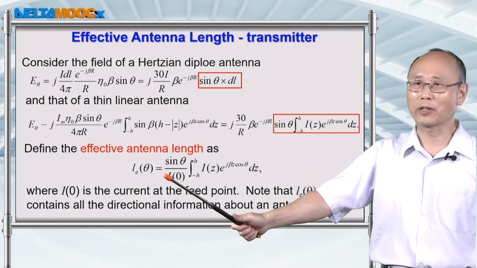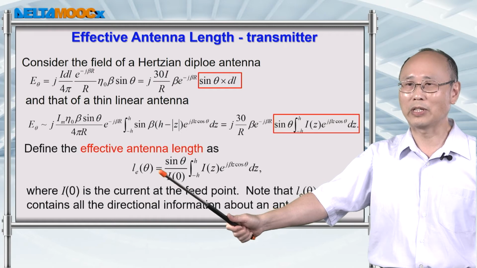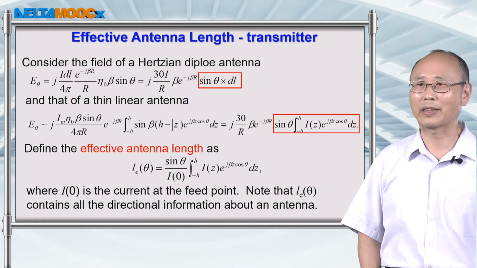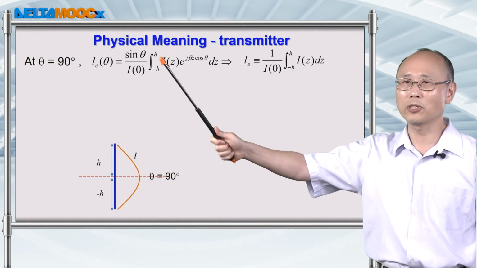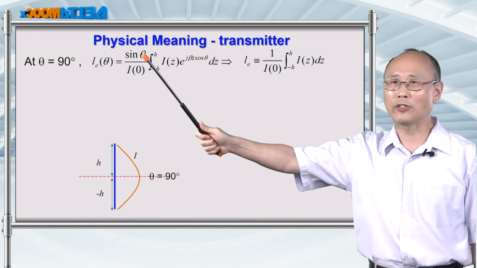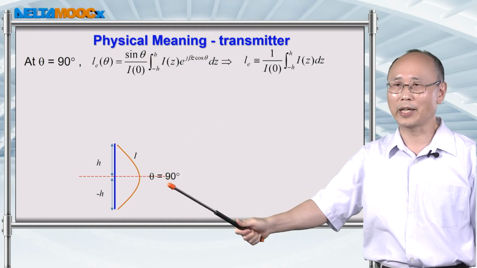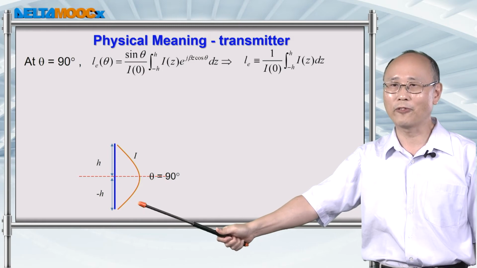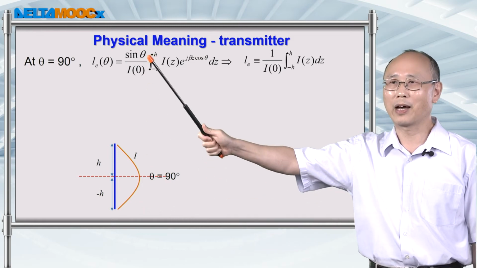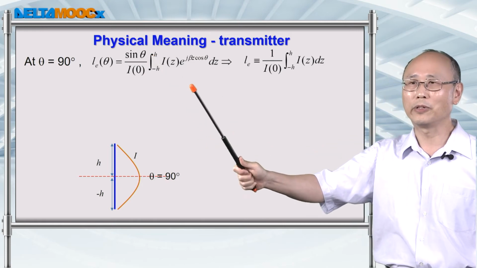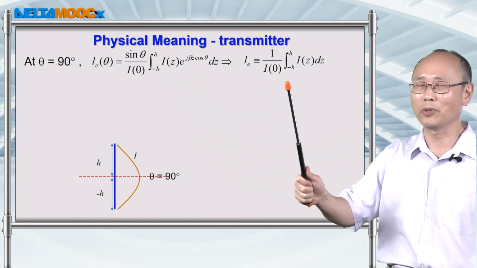On the next page, we're going to see how to interpret this effective antenna length. Suppose we look into the radiation field along the theta equal to 90 degree direction. So this is a half wave antenna. And let's just set theta equal to 90 degrees. Then we reduce this expression to this one.